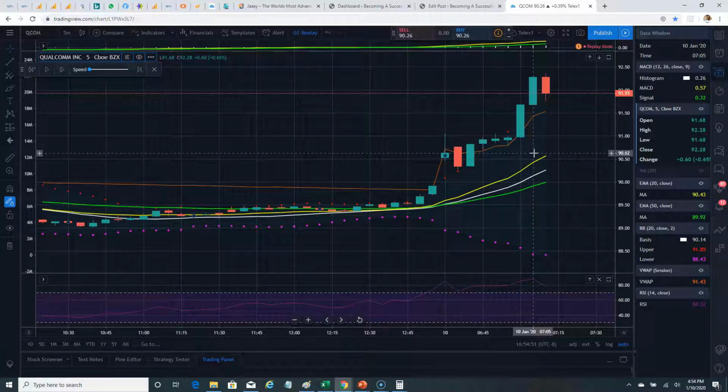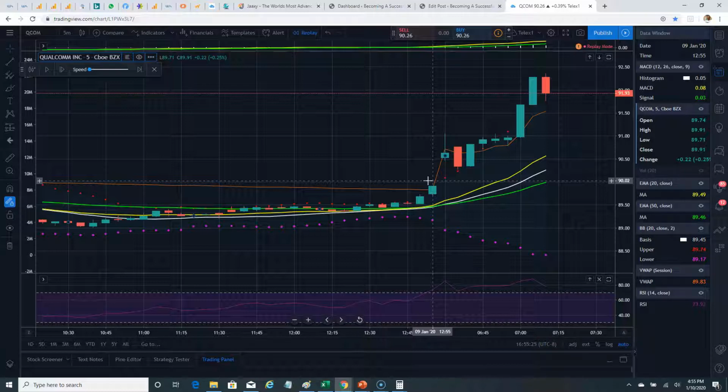Why? Well, here's our VWAP. The way that retail uses VWAP is not quite the same as the big institutions. VWAP is supposed to represent the fair value of an asset. What does that mean? It means that when the asset is trading above VWAP, or the volume weighted average price, it's considered expensive or to have gone too far.